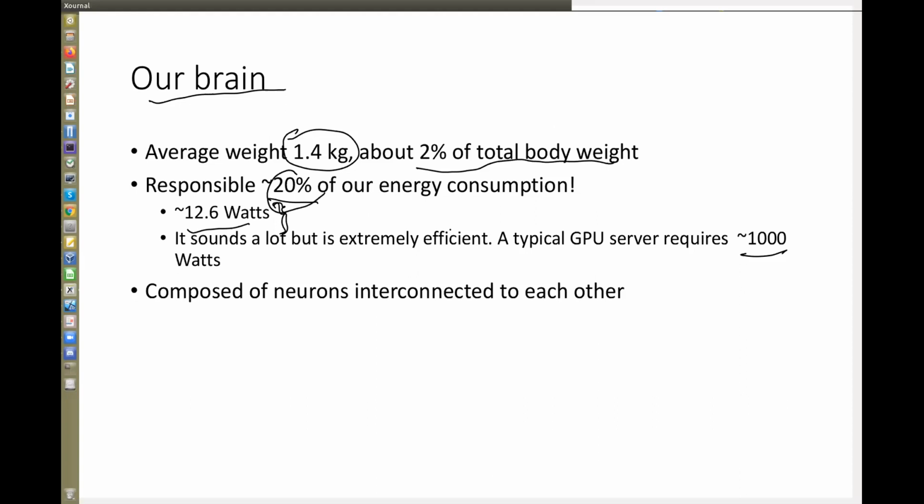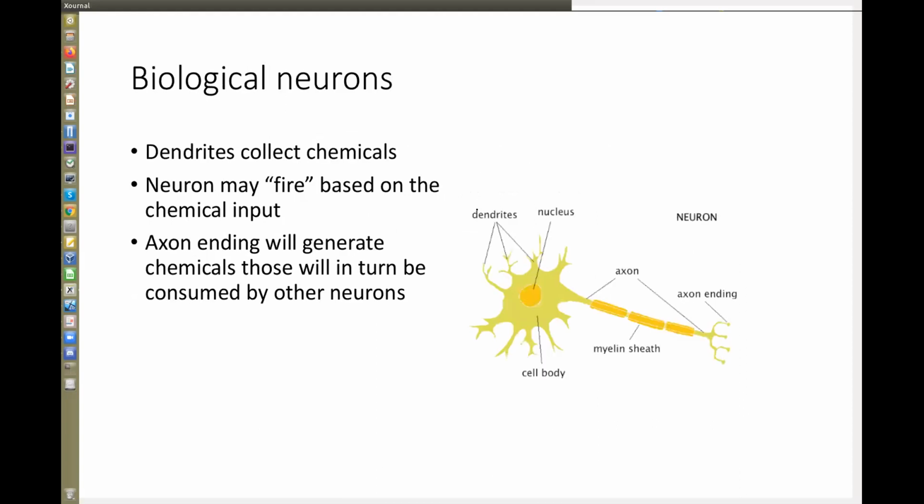Our brain and also our neural system is just composed of neurons that are interconnected with one another, right? So biological neurons will be like that. We have dendrites and nucleus and axon and so on. But the main idea is that the dendrites are collecting chemicals, and when it has collected sufficient amounts, it gets excited and fires through the axon to the axon ending, and at the ending it will generate more chemicals.